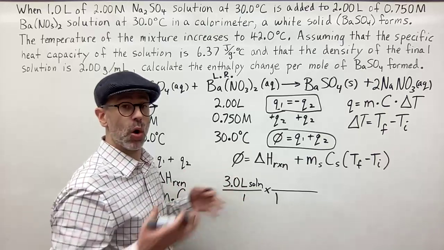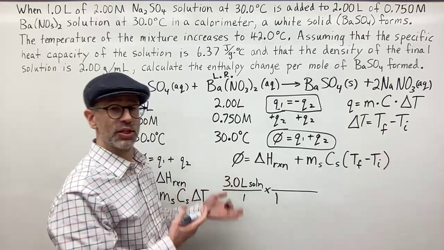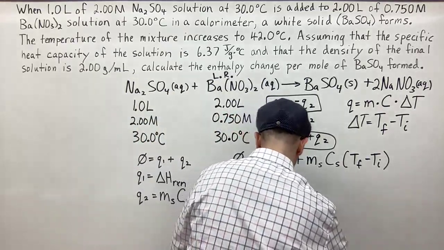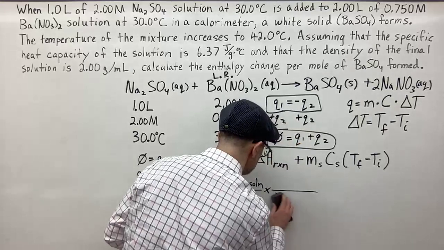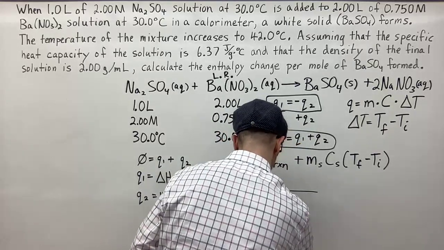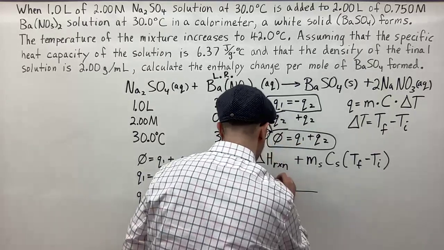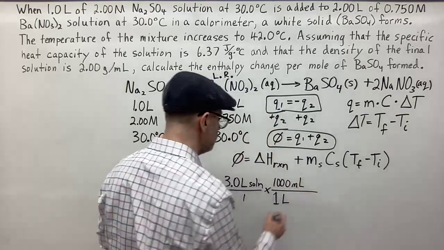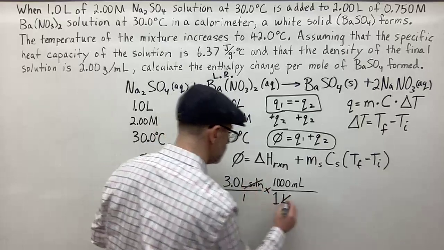But you could also use 1 liter is equal to 1,000 milliliters, same ratio. So I have 1 liter on the bottom and 1,000 milliliters on top. So liters cancels out. This is solution.